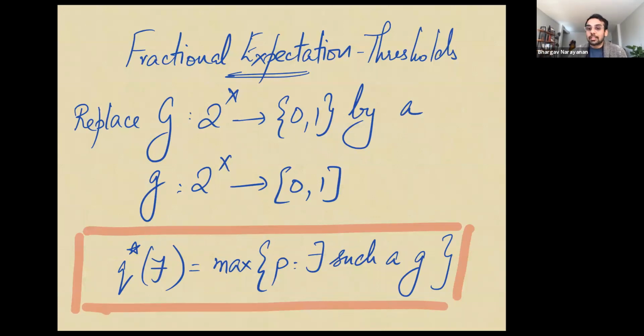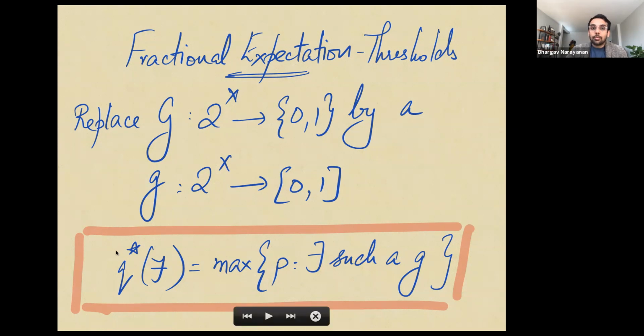Namely, he says, let's find a fractional witness instead. Of course, that works just as well as a normal witness in terms of giving a lower bound on the threshold. The same exact computation that I showed you earlier will show you that if you have a fractional witness at some density P, that also gives you a simple lower bound on the threshold of F.